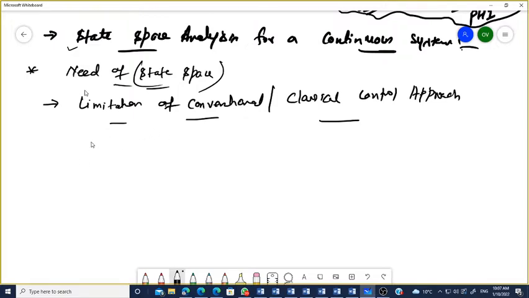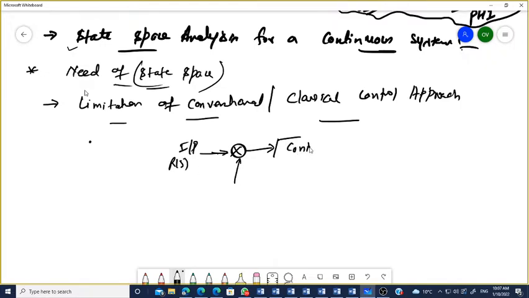In the classical control theory, as you know, this is the block diagram I am trying to draw of the classical control theory. That is the input side, represented in the form of R(s).